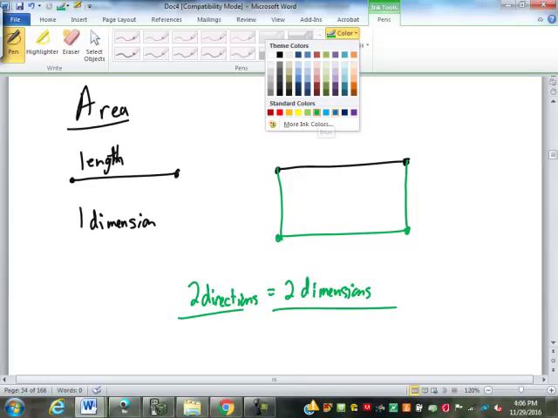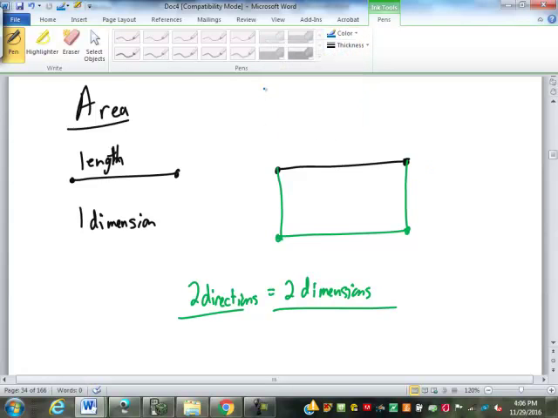The size of this rectangle, or the area of this rectangle, depends on what this original length was and the distance that we moved it. That distance is often referred to as a width or a height. If you're thinking of it as being flat on the table, it would be a width.